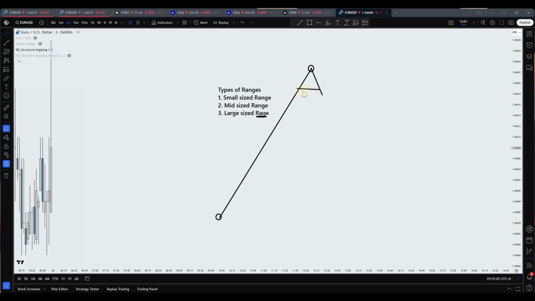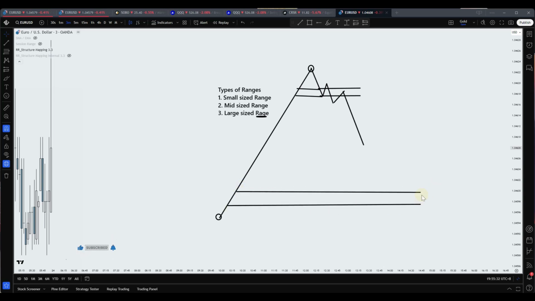You want to play a continuation of the DOB, or you want to play the counter trend when the DOB was disrespected, until, let's say, EOB, extreme order block, something like this. So this is the first step after creating the ranges.